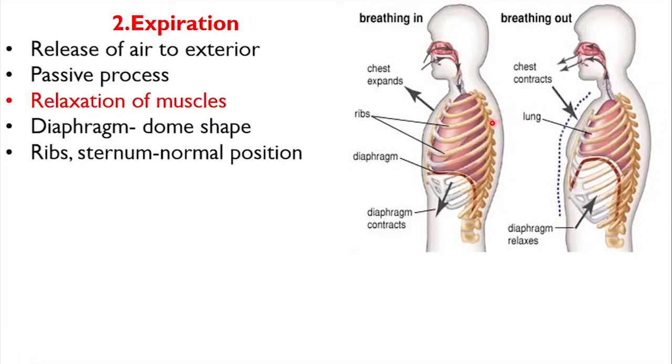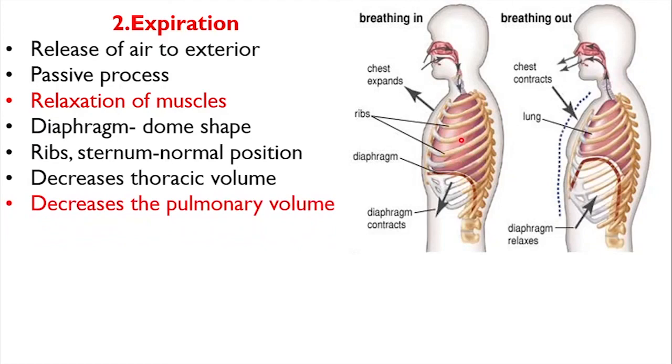When the external intercostal muscles relax, the sternum and ribs they come to their original position. They move downwards. As a result, the thoracic volume decreases in the dorsoventral axis. So the overall decrease of the thoracic volume causes the decrease of pulmonary volume.